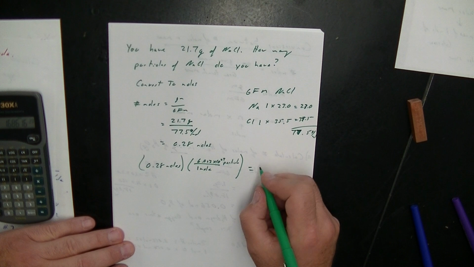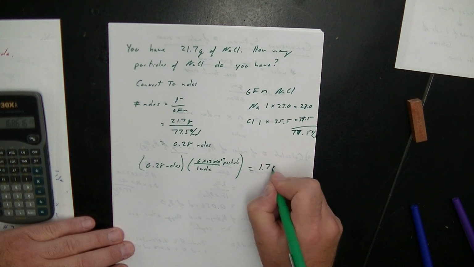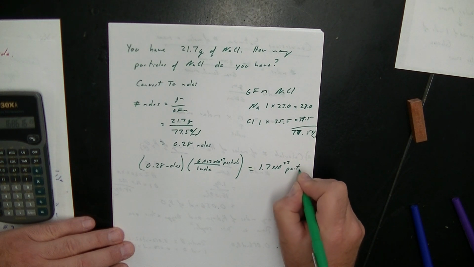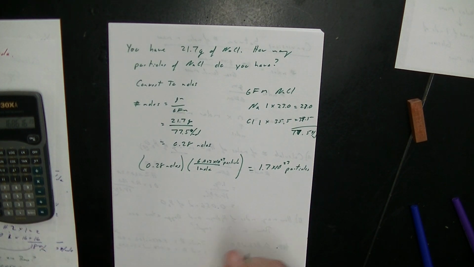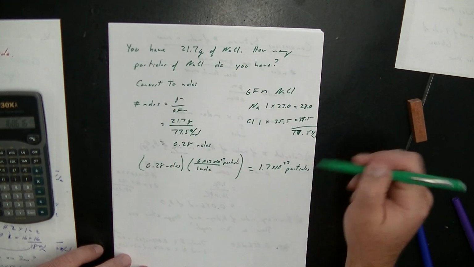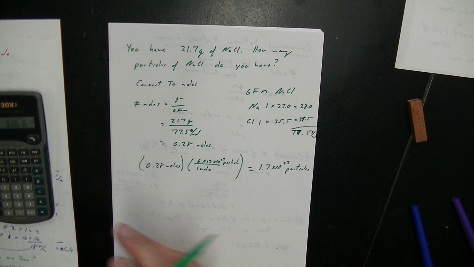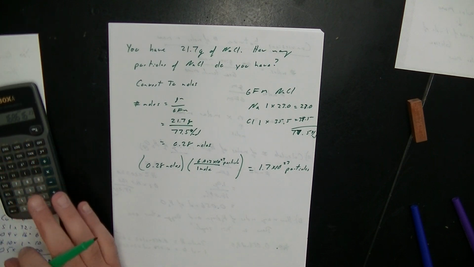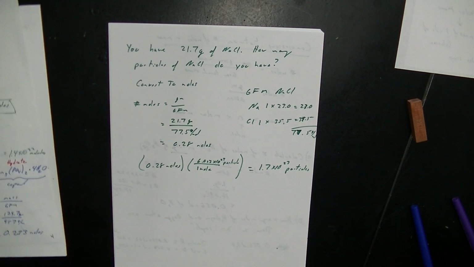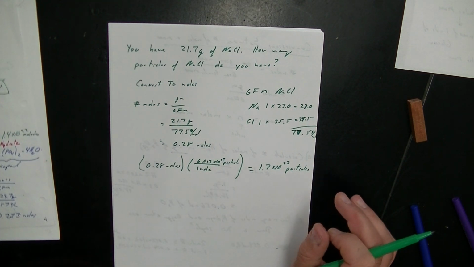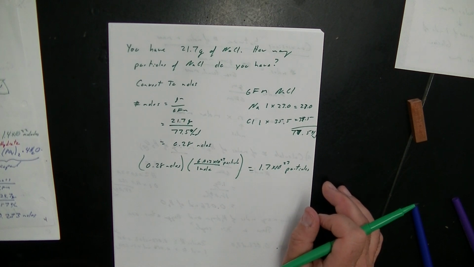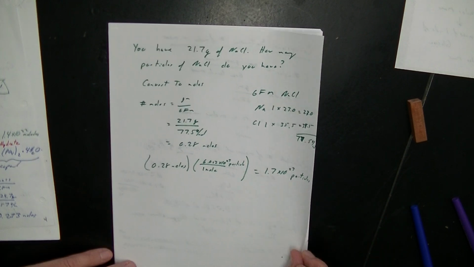And we get 1.7 times 10 to the 23rd particles of NaCl. Okay, so that's just a typical problem that you might see.